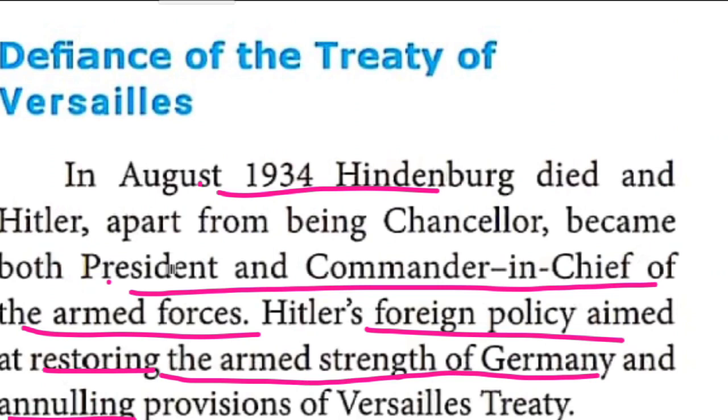Hitler declared that the provisions of the Treaty of Versailles were invalid. Invalid means null and void. Little by little, through that way he became the reason for the next world war. His activities were responsible for the next world war.